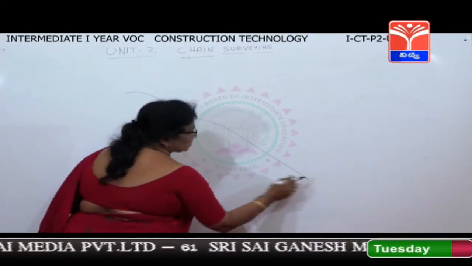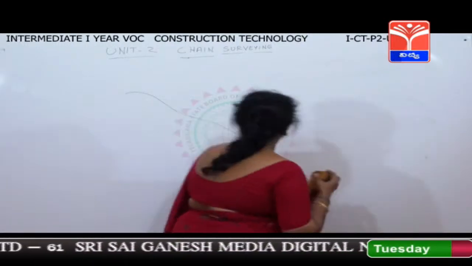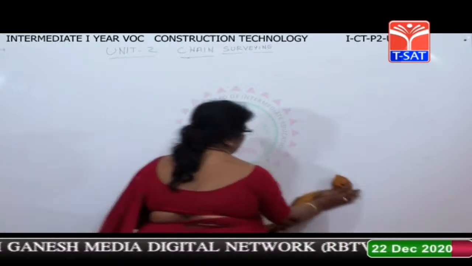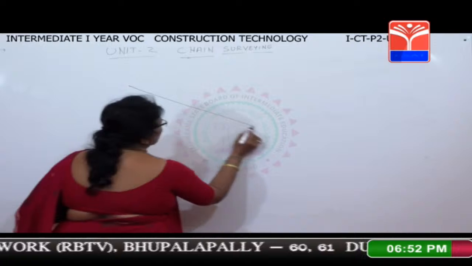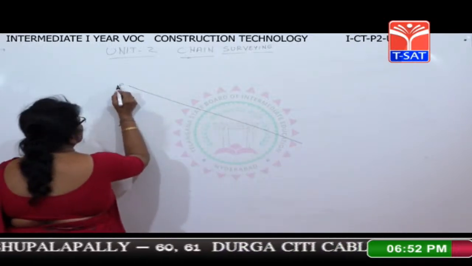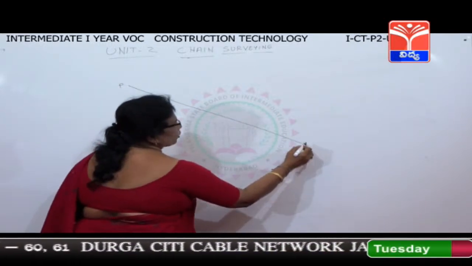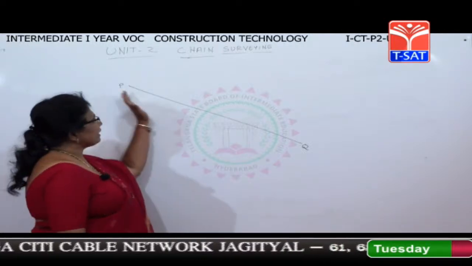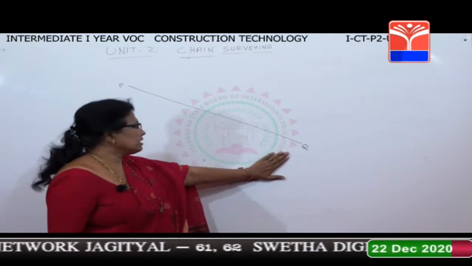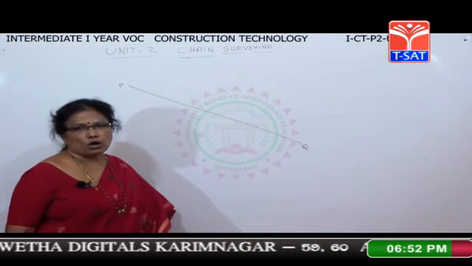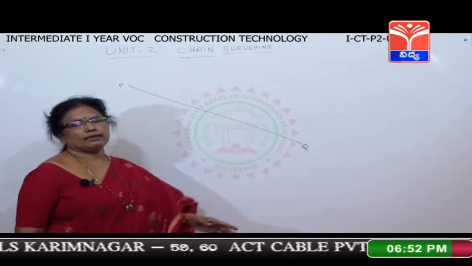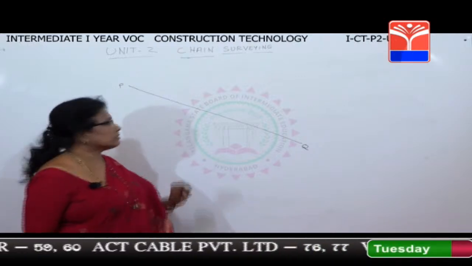Suppose this is your sloping ground. Say this is P and Q. If you measure directly like this, your measurement will be wrong. Straight line is always the correct distance.